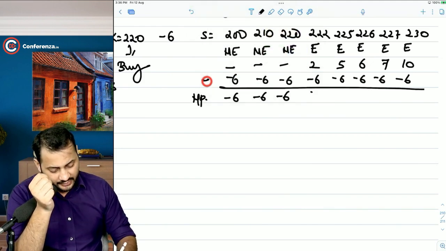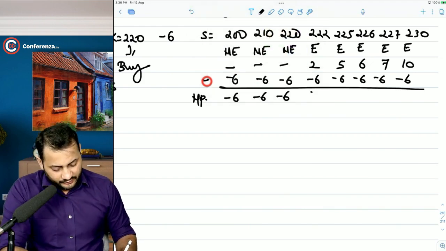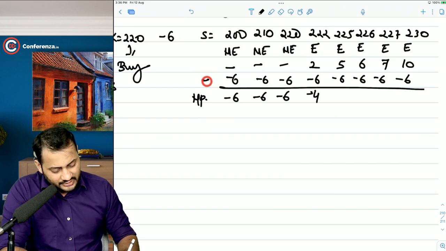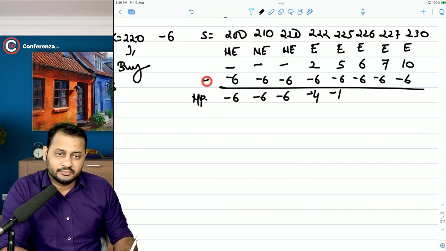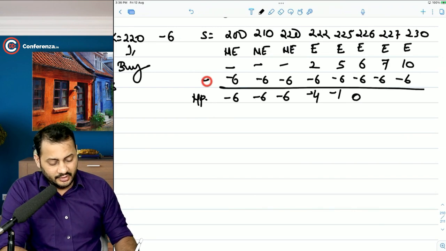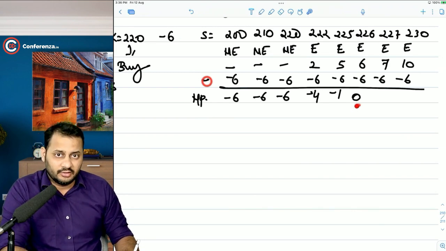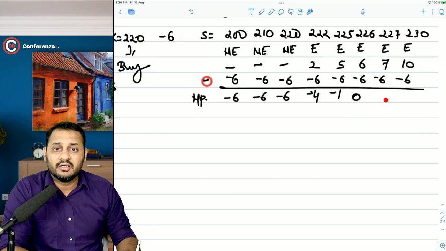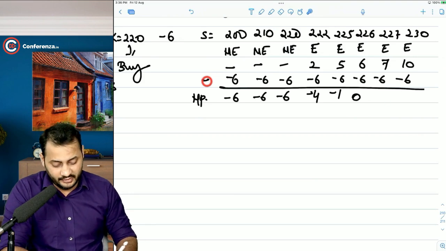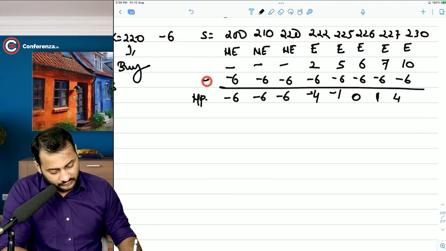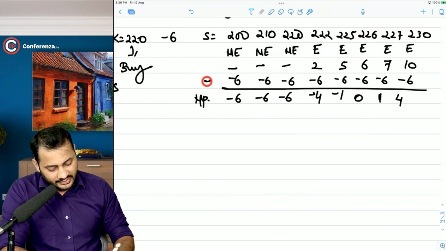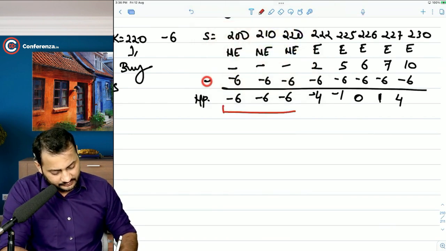But from this point you have started reducing the losses, right? And after this point you will start having the profit. So 1, 4 and so on. So there are 3 phases you need to understand.